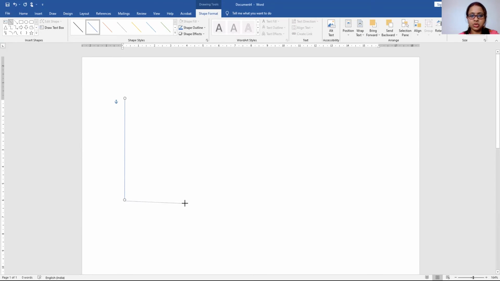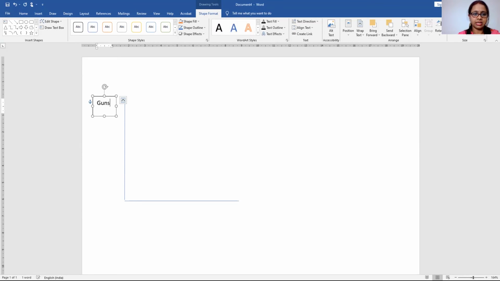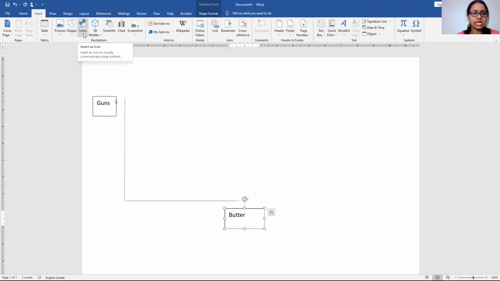This y-axis will show the maximum production of, say, guns. So this is the guns production, and this is butter. Say this is where I will show how guns and butter provide us the PPF.